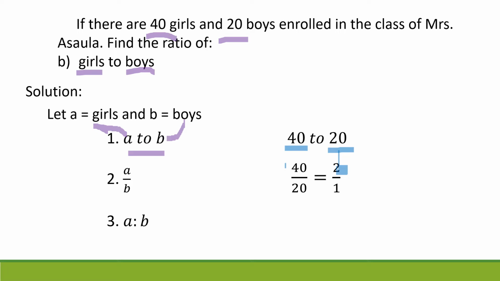Para masulat natin sa denotation na A is to B, ang A natin ay ang numerator. Ang B natin ay ang denominator. Therefore, we have 2 is to 1. Ang ratio ng girls to boys ay 2 is to 1.